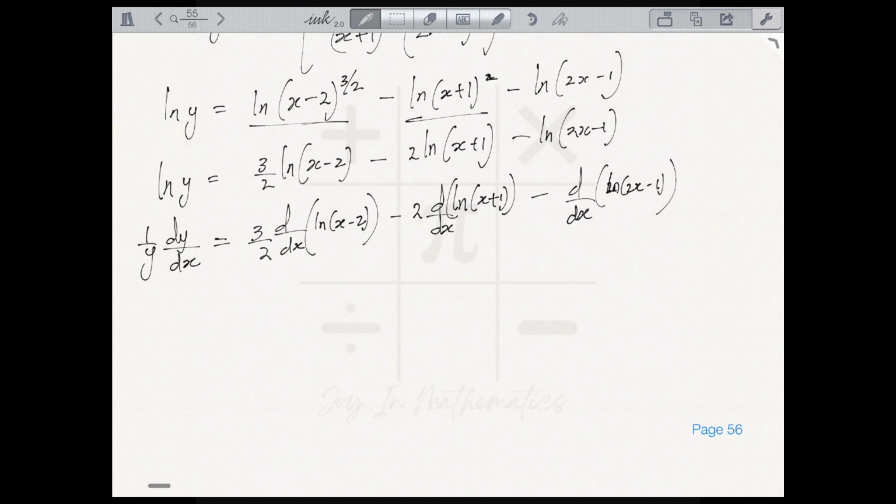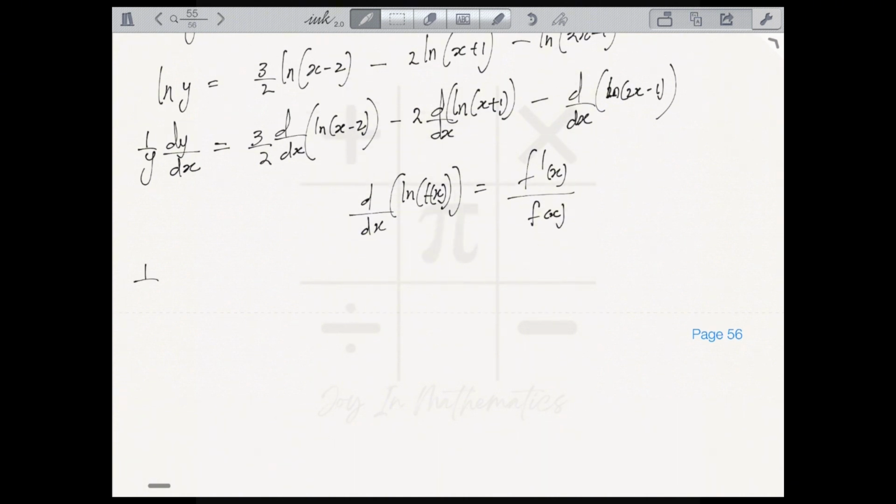And we recall that whenever we are differentiating d dx of natural logarithm of f of x, we will be having f prime of x divided by f of x.